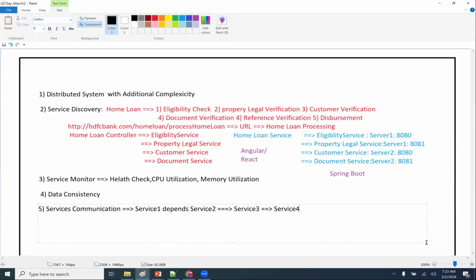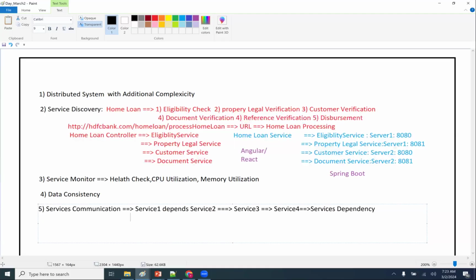One service output will become the input for the second service. That is services dependency.